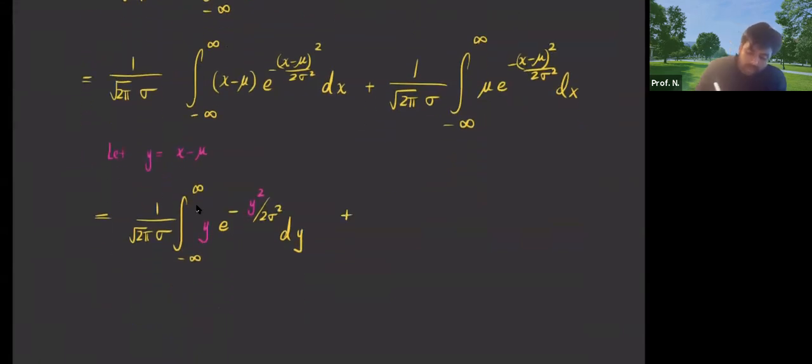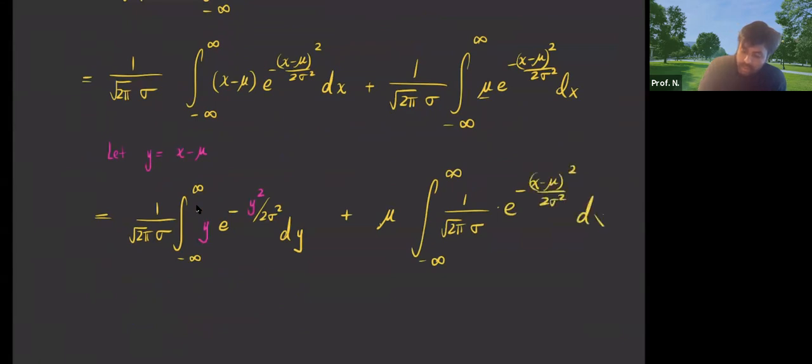And then if you notice, I can take out the mu. But you know what I'm going to do? I'm going to put back the 1 over square root of 2 pi sigma times e to the negative x minus mu squared over 2 sigma squared dx. But what is this?